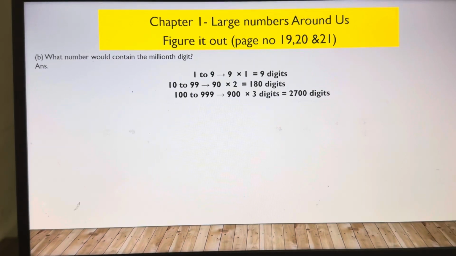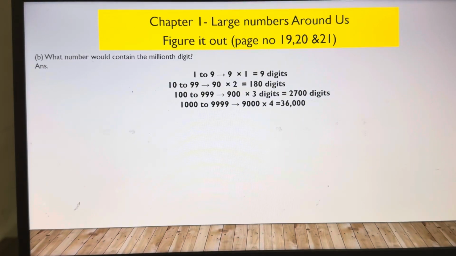Now we go to 3-digit numbers. We count from 100 to 999, that is 900 numbers. We multiply by 3 because each number contributes 3 digits. So 900 into 3 gives 2700 digits till 999.